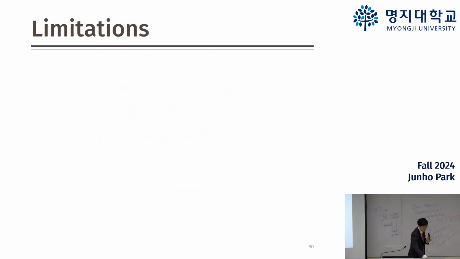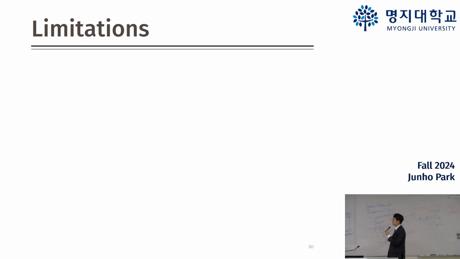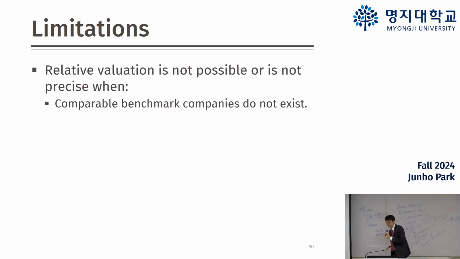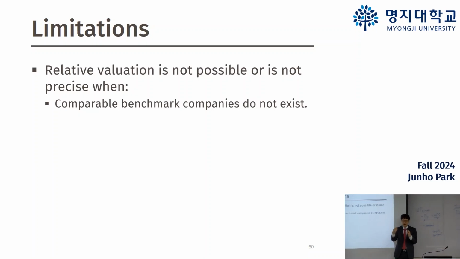Okay. Before we close today's session, let me talk about the limitations of relative valuation. The relative valuation has advantages and also its disadvantages. Relative valuation is only possible when you can compare your target company with others.